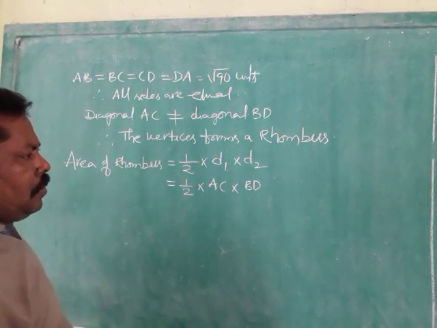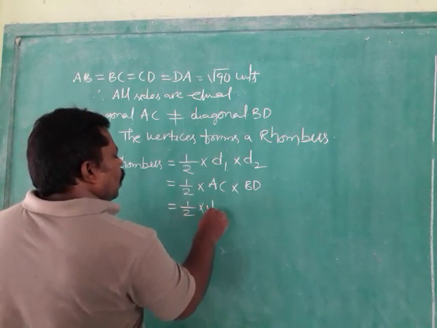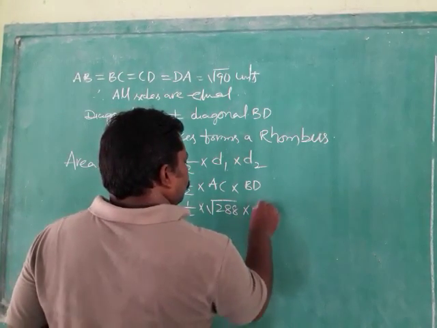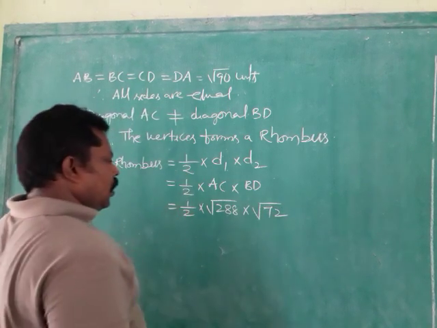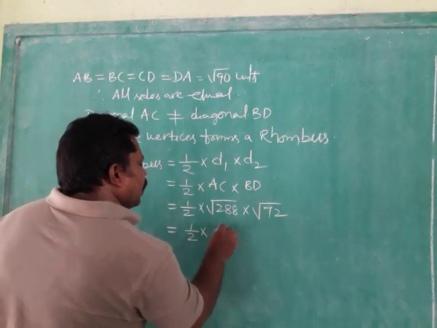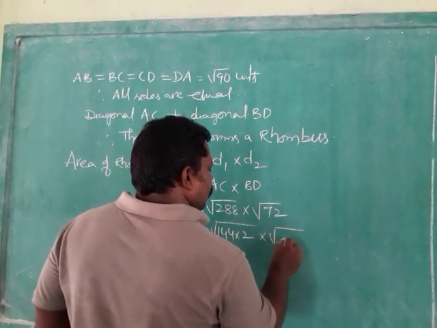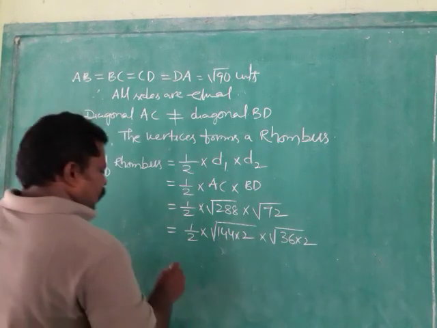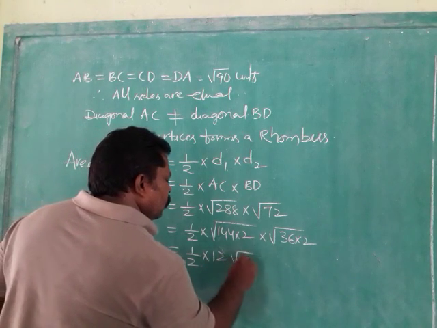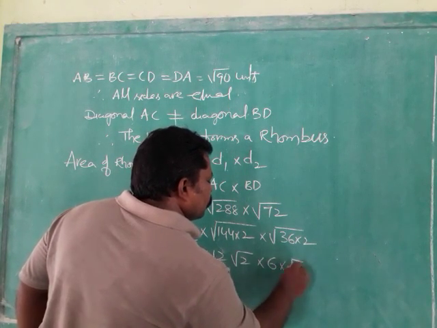See children, that is equal to half into √288 into √72, which is equal to half into, this can be written as 144 into 2, this can be written as 36 into 2, half into 144 square root is 12 root 2, into 36 square root is 6 into root 2.